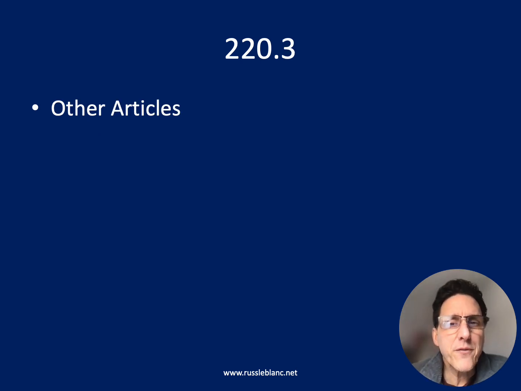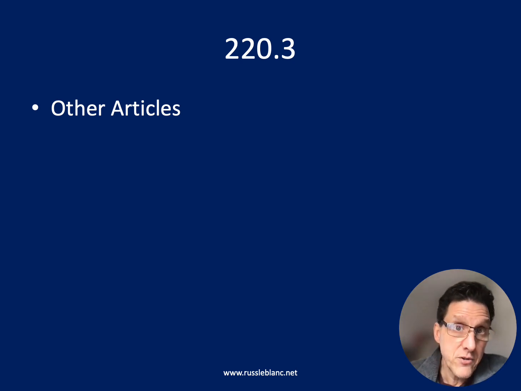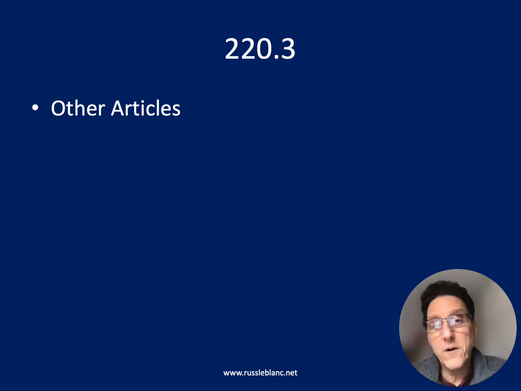Now in 220.3, there's a table letting you know that there are other requirements in the codebook, just as I mentioned, 210 and 215 and 230. Table 220.3 has requirements for specific purpose calculations that aren't in chapters 5, 6, or 7, right? Remember, chapters 5, 6, and 7 can amend the general rules in chapters 1, 2, 3, and 4, right?